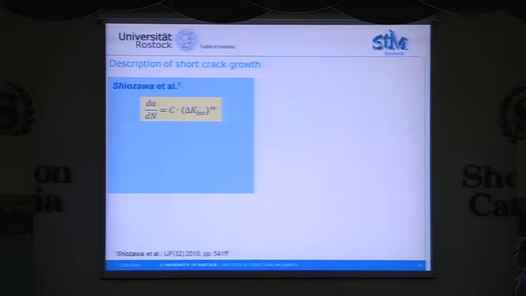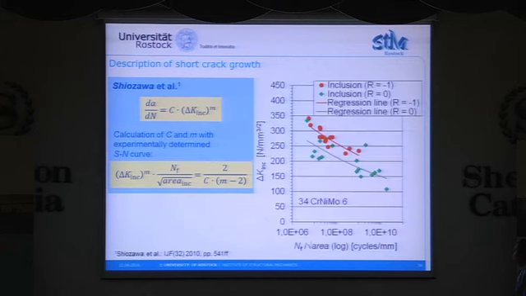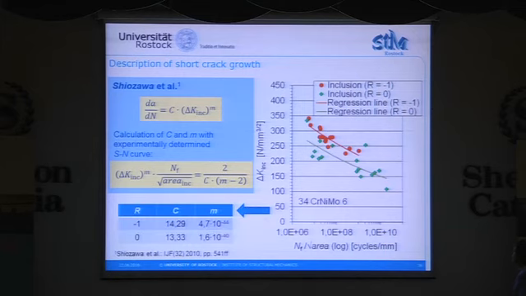So if we use this Paris law, we integrate it and get this formula, and we have to determine the C and the M. This is done using our own experimental data, using the cyclic stress intensity factor of the inclusion over the number of cycles to failure divided by the square root of area, and then we can calculate these parameters C and M.